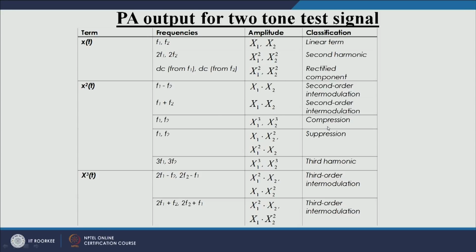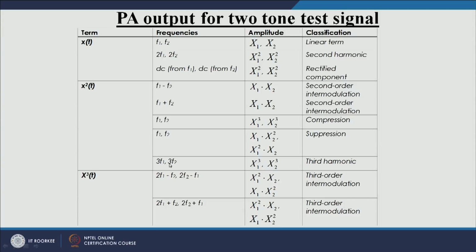The compression is basically seen in terms of the cube function, x1 cube and x2 cube, and suppression is actually the intermodulation of these two terms, which is x1 into x2 square and x1 square into x2. So, at a particular frequency you can have a guess of what the amplitude order should be if you know the original amplitudes.